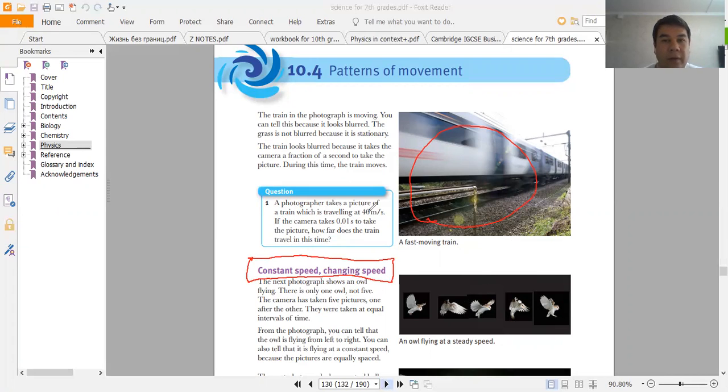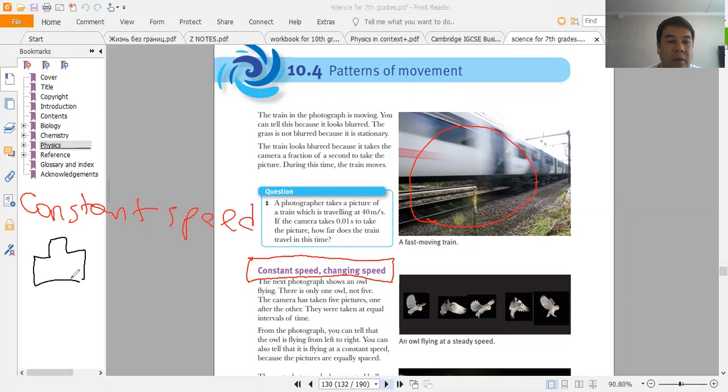First of all, let's start with constant speed. Let me write here: constant speed. When we speak about constant speed, for example, let us imagine that we have a car.